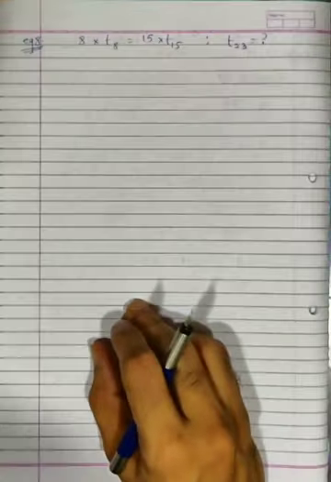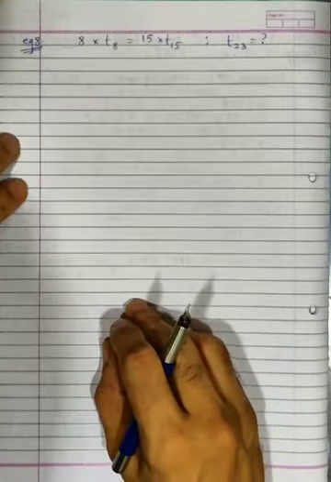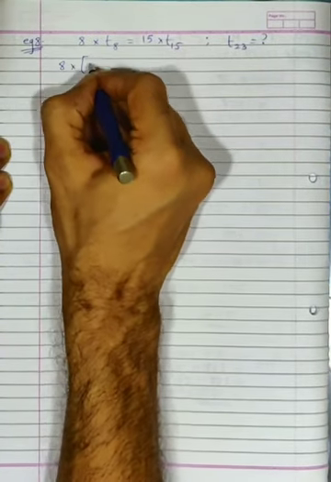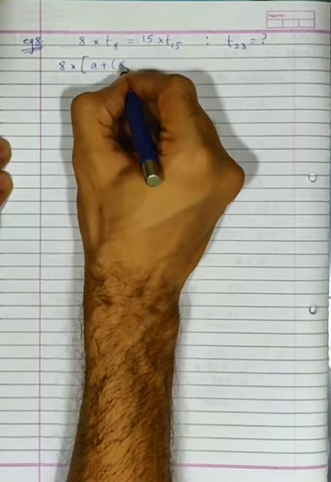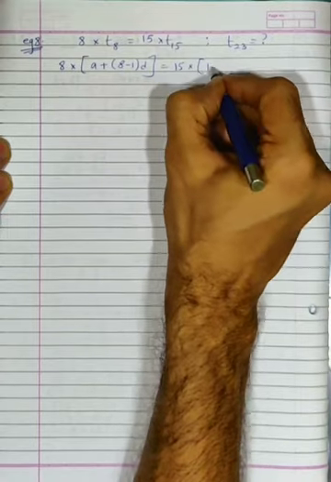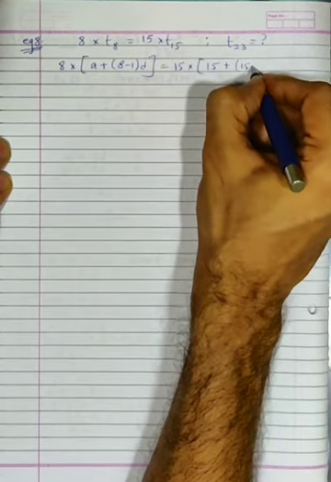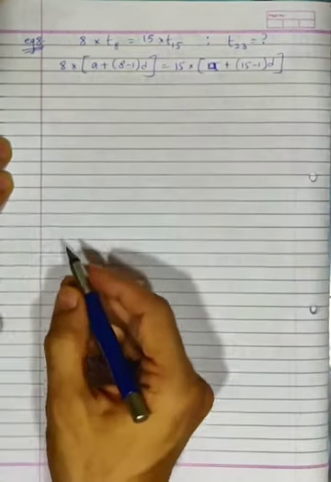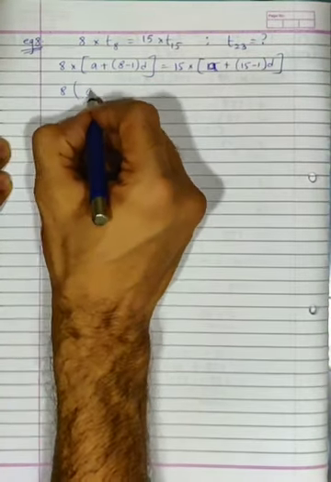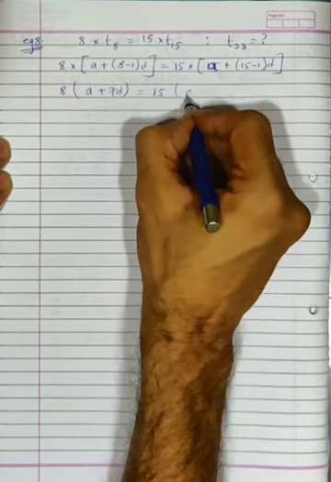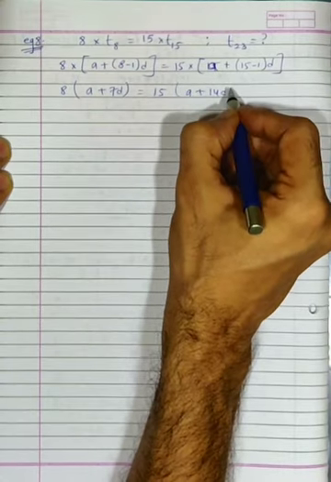So once again, what will the 8th term be equal to? Now 8 times the 8th term, meaning 8 into, what is the 8th term? It will be A plus (8 minus 1) into D, is equal to 15 times the 15th term, A plus (15 minus 1) into D. Now 8 in brackets (A plus 7D) is equal to 15 in brackets (A plus 14D).